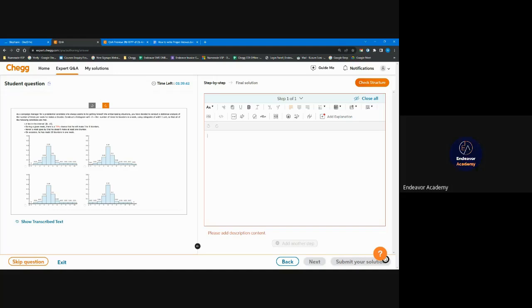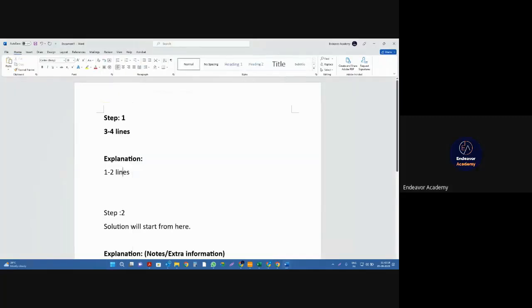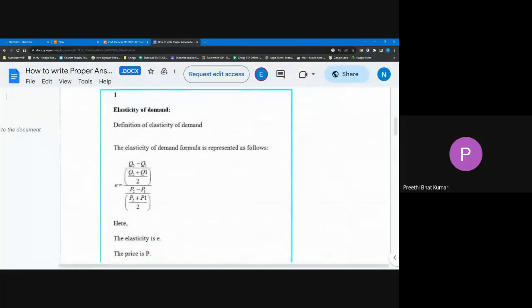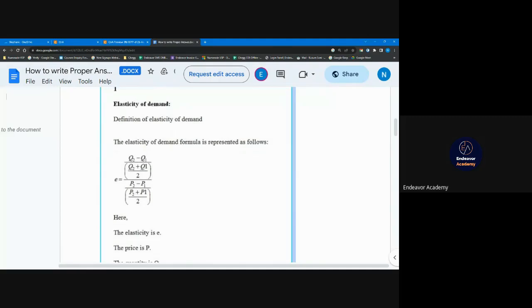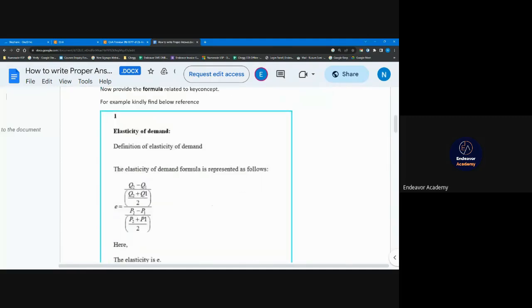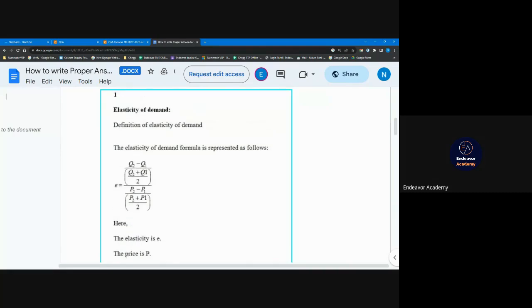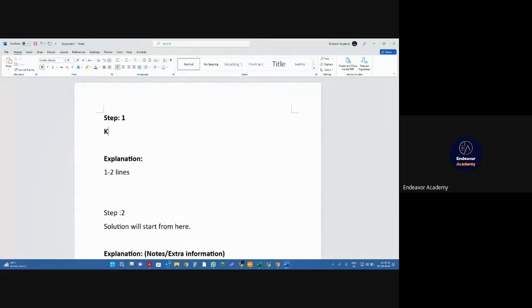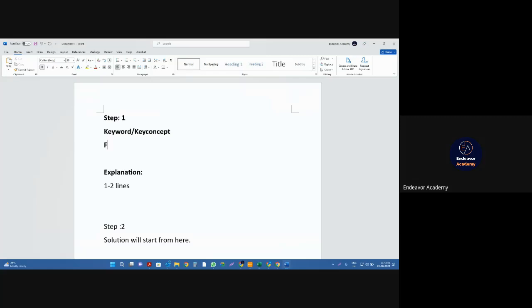The reason we have stopped using the given data and objective is the key concept. First, the heading is the key concept, or keyword. Then we provide some introduction to that key concept.